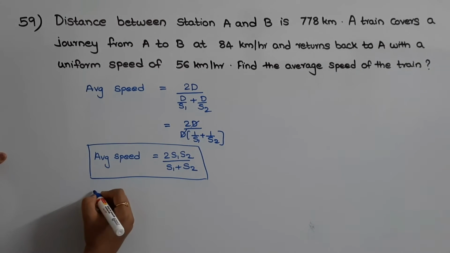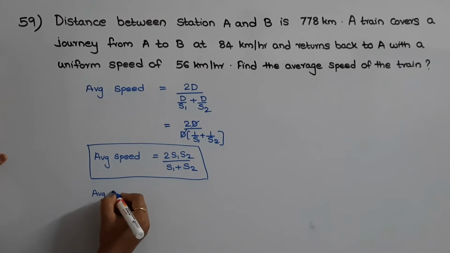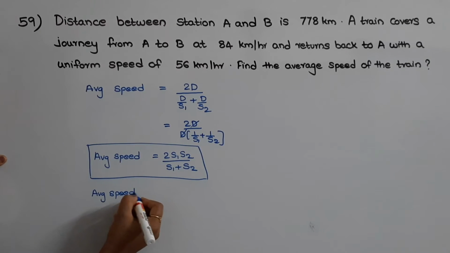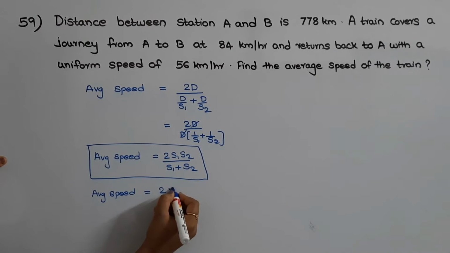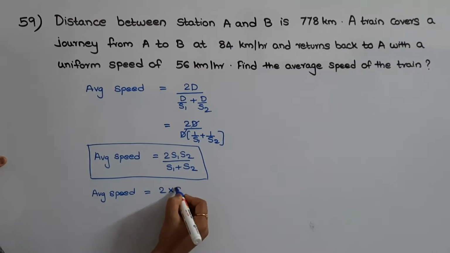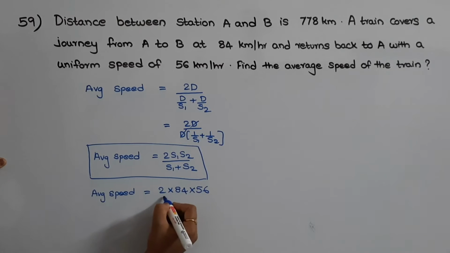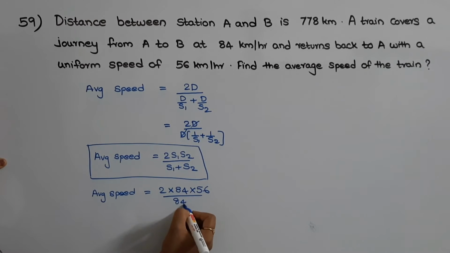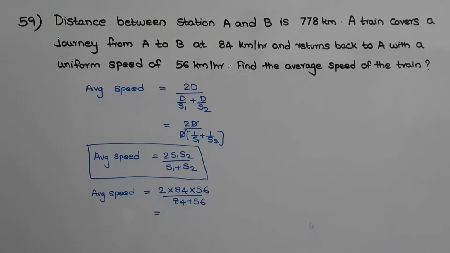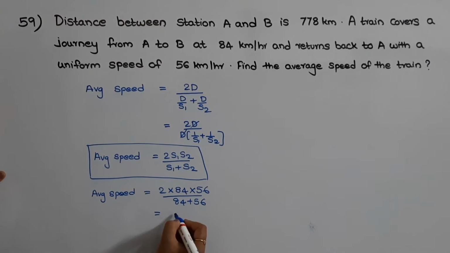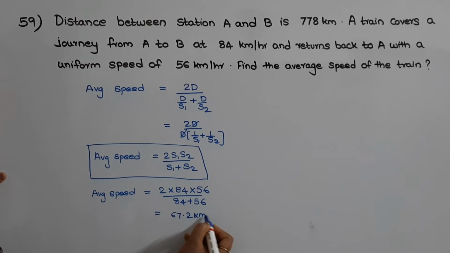So average speed is equal to 2 into s1 is 84 and s2 is 56 divided by 84 plus 56. So on solving this you will get the answer as 67.2 kilometer per hour. So this is the answer.